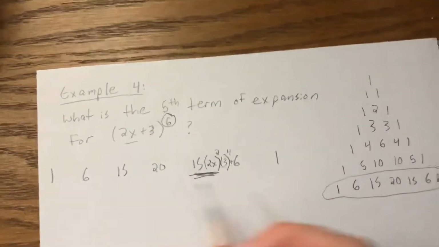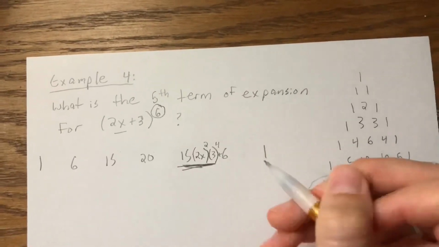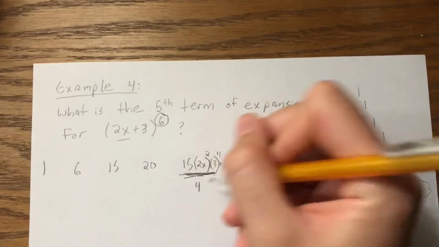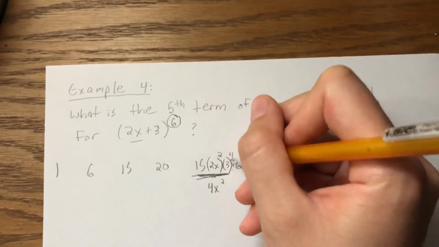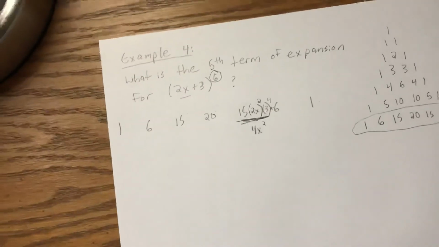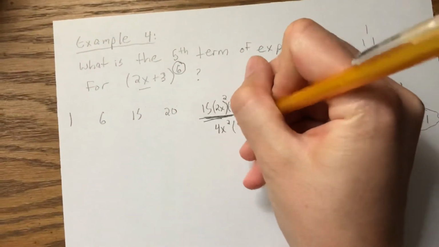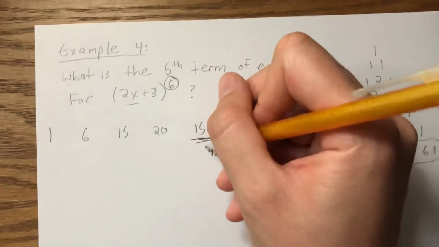But I don't need to do that other work unless you just really want to. So this is gonna be my answer once I simplify. I'll have 2 squared, which is 4, x squared is x squared, 3 to the 4th would be 81, and then times 15.